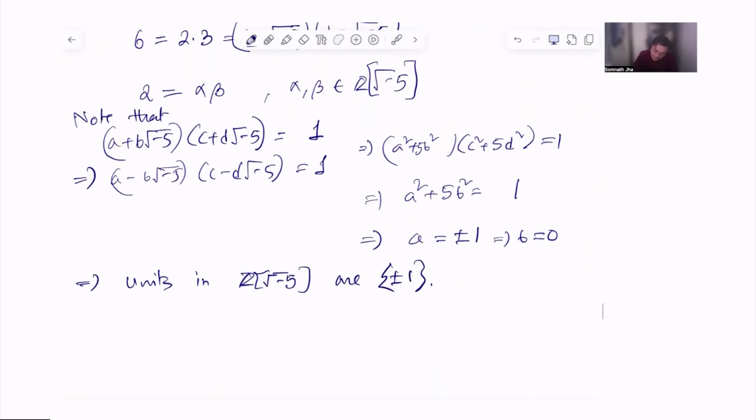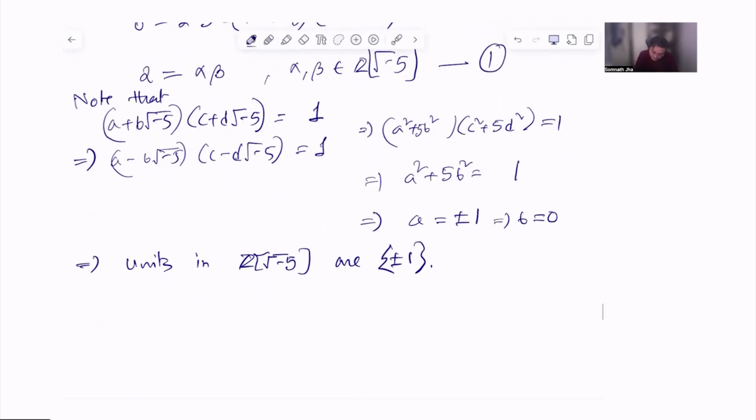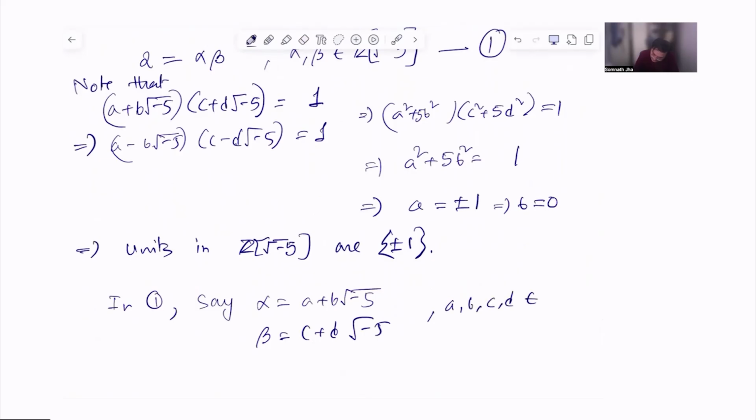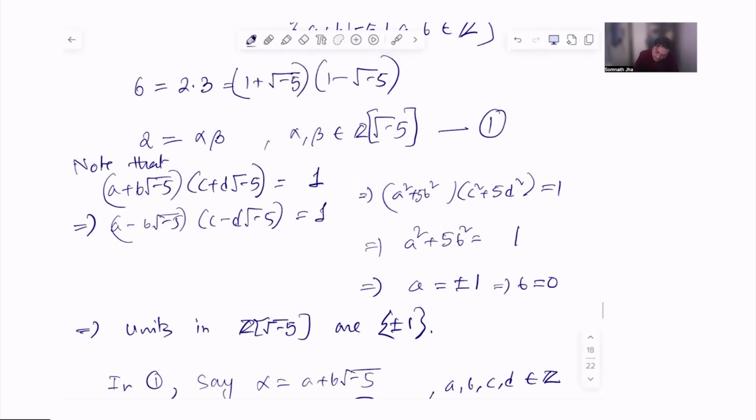So now let us come back to equation 1. You write 2 equal to alpha times beta, say alpha equals a plus b root minus 5 and beta equals c plus d root minus 5, where a, b, c, d are integers.